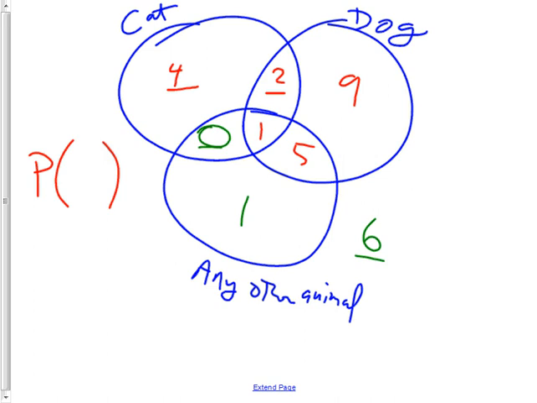I'll double check my math here. 10, 20. Oh, it's 28. Sorry. Change your calculation. It's 28. 28 possible. All right. So then the dog, that adds up to 17. So it's just simply 17 out of 28.